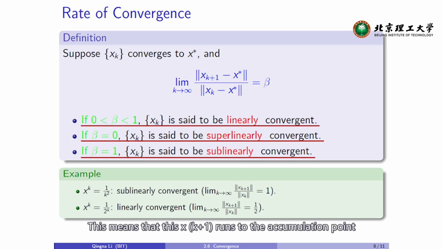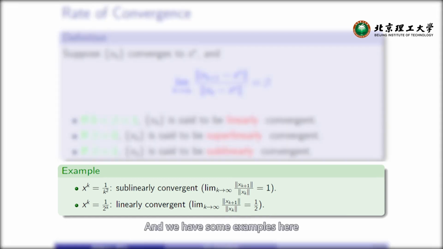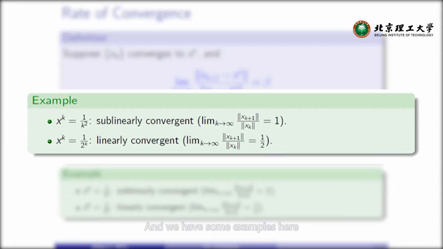This means that xk plus 1 runs to the accumulation point not as fast as xk. So we call this sublinearly convergent. For a sublinearly convergent sequence, the convergence is not that good. And we have some examples here to demonstrate the different cases.